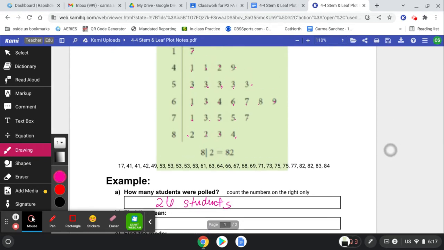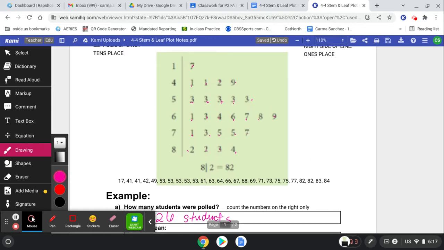Find the mean. Yes, that actually means we're going to be adding up all those pieces of data. So I'm pulling it straight from the green stem and leaf plot from the top. I'm going to go 17. Grab your calculators and do this with me so you can check me and make sure I get it right.